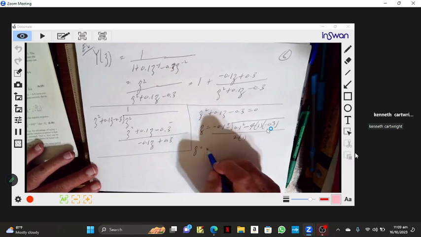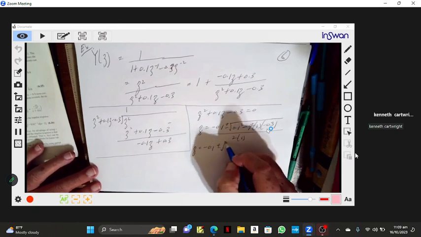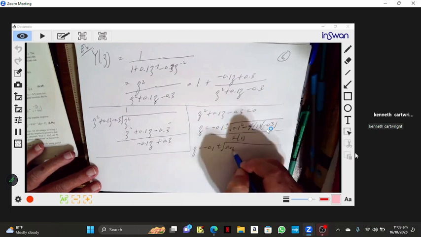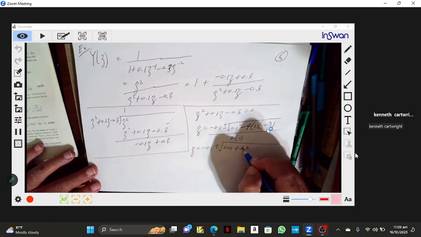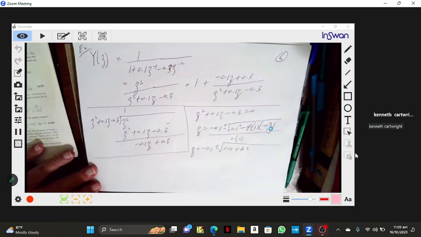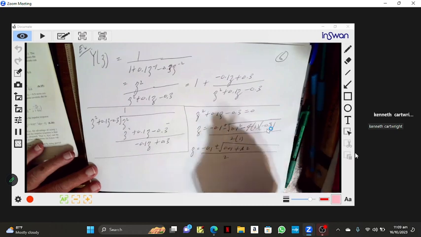So z equals negative 0.1 plus or minus the square root of 0.01 plus 1.2, over 2.